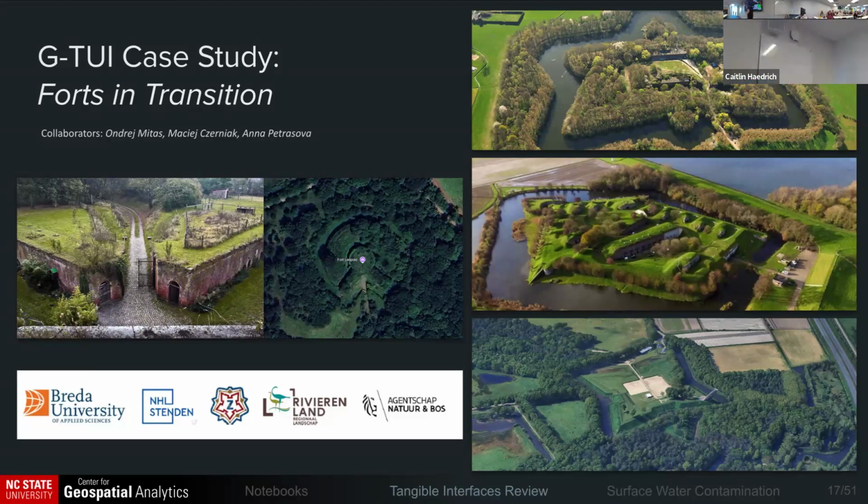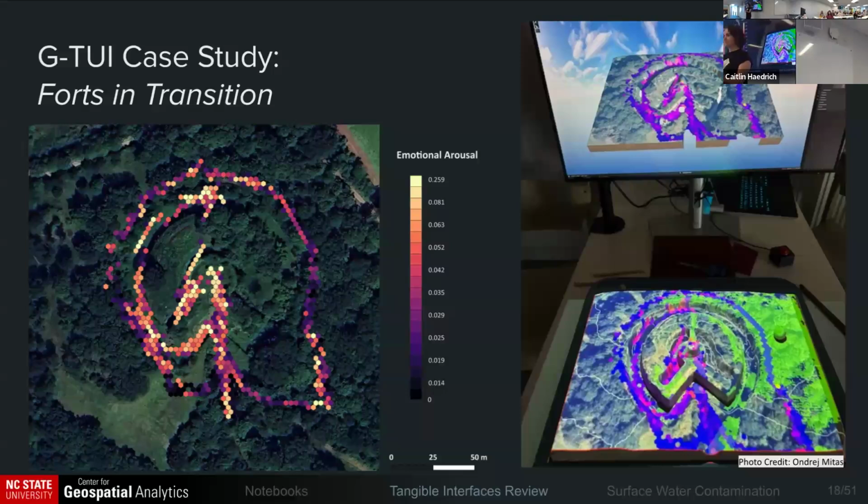They had study participants wear these skin conductivity sensors that looked at their emotional arousal, not positive or negative emotion, just the amount of emotion that they were feeling, and then walk around the sites. And so you can start to see where participants were feeling more emotional arousal and less emotional arousal.